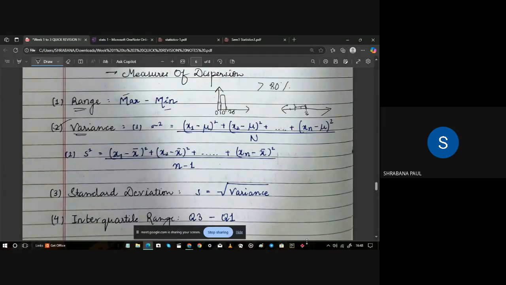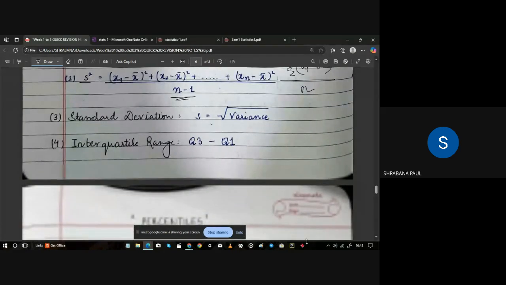The formula of the variance is given as summation of xi minus mu whole square, divided by total n. For sample we use n minus 1. Okay, and standard deviation is the root over variance. Let me take an example: when you do machine learning, this type of question will definitely come. Like this is the regression line.